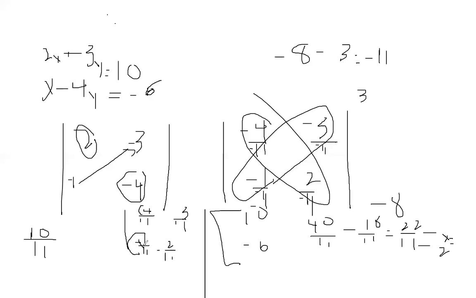And then it's 10 over 11, and then minus 2 times negative 6 would be plus 12 over 11, which equals 22 over 11 again. Now, because it was row 2 times column 1, it would be on the bottom. So this is y when you make the matrix here, which equals 2. And obviously, you want to plug it back in to make sure your answers are good and everything's lined up.